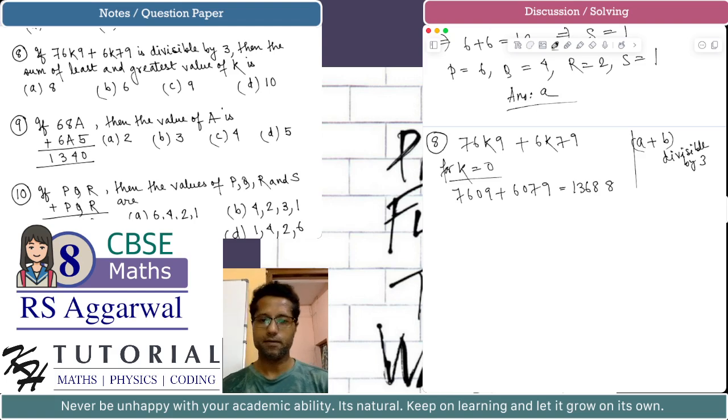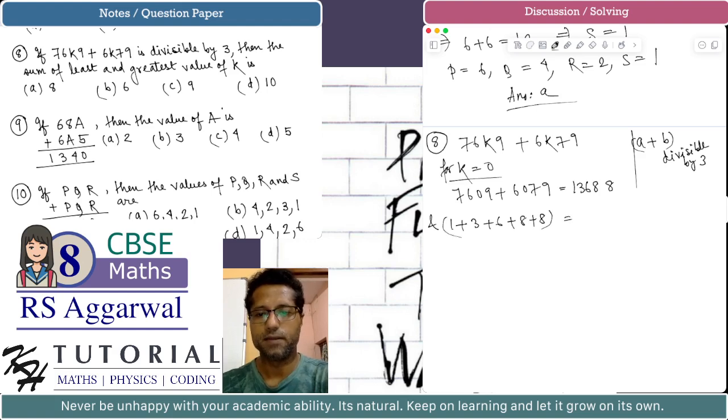For k equals 0, the number 13,688 is not divisible by 3, because the sum of the digits 1 plus 3 plus 6 plus 8 plus 8 is 26, which is not divisible by 3.